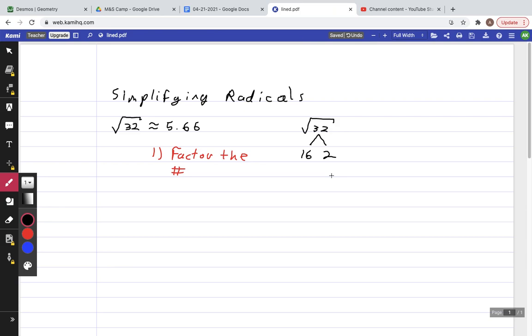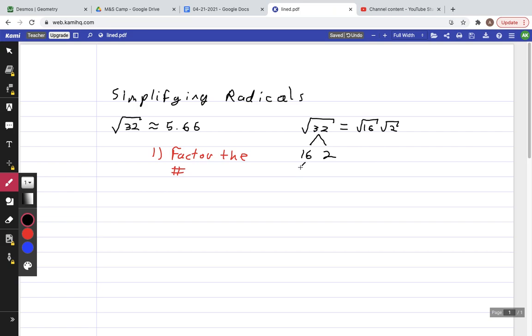Now, let's pretend for a second that we don't know what the square root of 16 is. And I say that because once we have it written like this, we can rewrite the problem as square root of 16 times the square root of 2. And we know that the square root of 16 is 4.